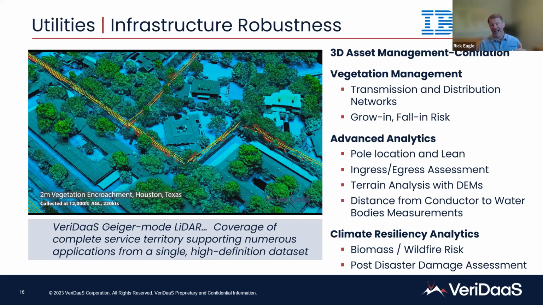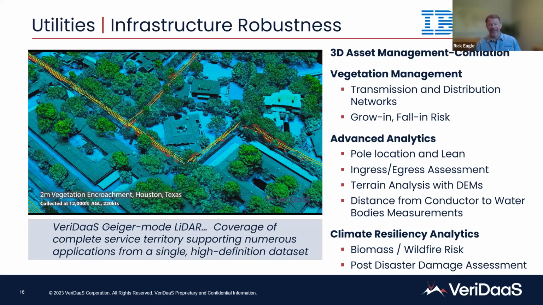We're flying at 12,000 feet, and we can get accurate information not only on the transmission lines, the larger wires, but also on the distribution wires and even some of the secondary wires running over individual properties. That enables us to provide territory-wide and network-wide information for utilities to work on to reduce their risk.